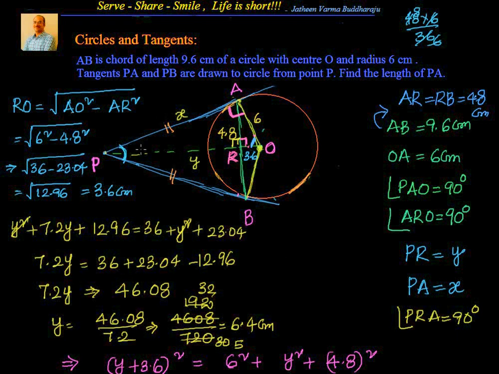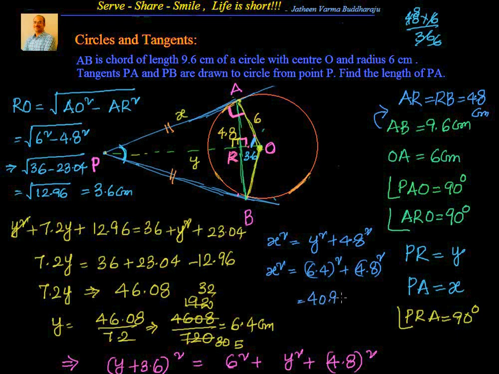We can leverage our earlier given equation that x square is equal to (y + 4.8) whole square. Since we know y, we can substitute x square equal to 6.4 whole square plus 4.8 whole square. 6.4 whole square is 40.96 and 4.8 whole square is 23.04.